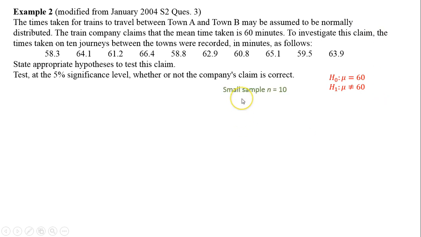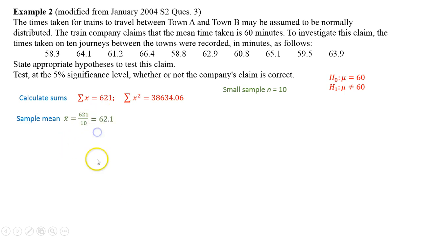Our sample is small. We've got 10 in the sample. We need to calculate the sums. They're not given to us. So our sum of x is 621, and the sum of x squared is that value. Our sample mean would be 621 divided by 10, so 62.1.